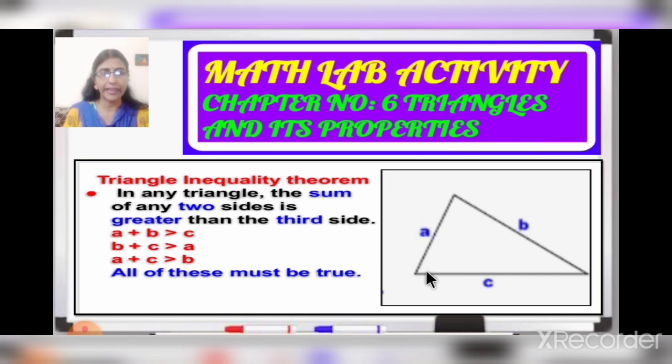Here this is a triangle, you can see. So we have seen A plus B is greater than C, then B plus C is greater than A, then A plus C is greater than B. All of this must be true. Then only a triangle will be formed.